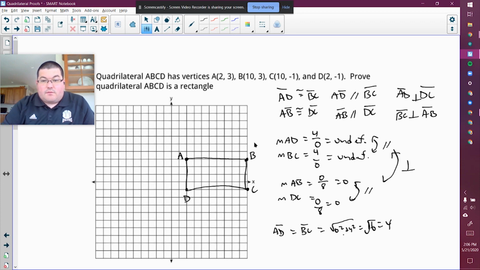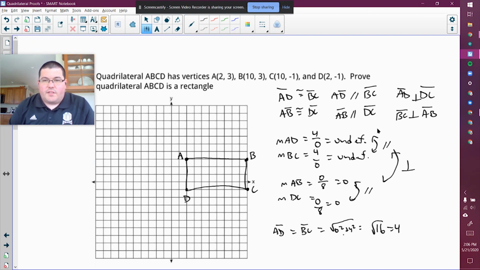Or in these cases, because we have a vertical and horizontal line, we can actually even just count out what's going on. We can already see 1, 2, 3, 4 as our vertical, 1, 2, 3, 4, 5, 6, 7, 8 as our horizontal. And so we've got ourselves obvious congruent sides.